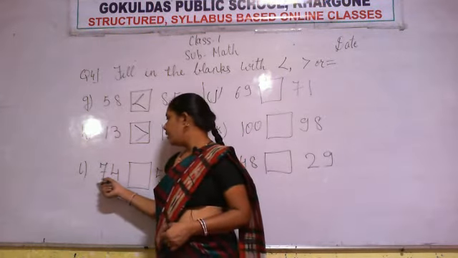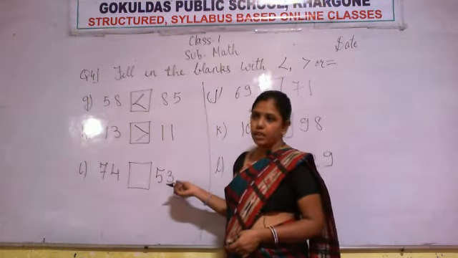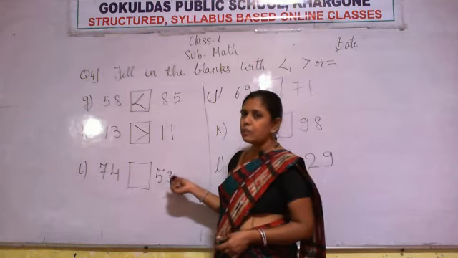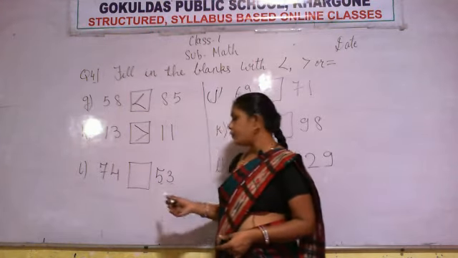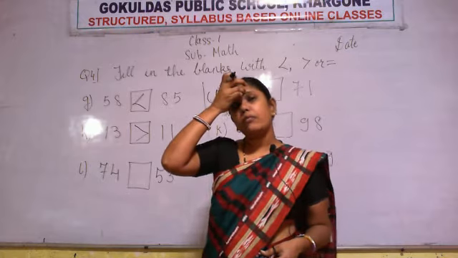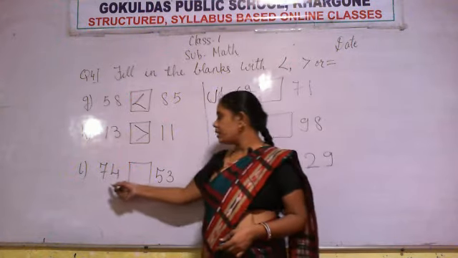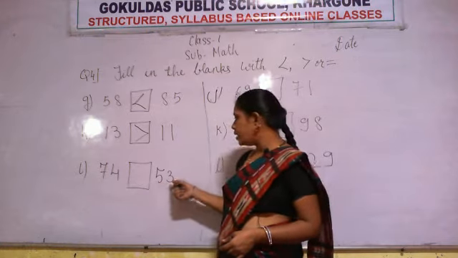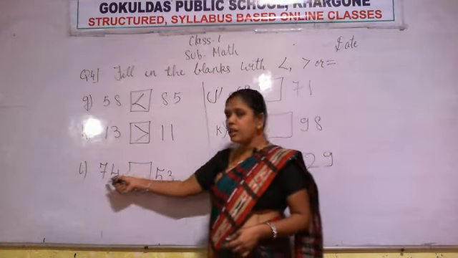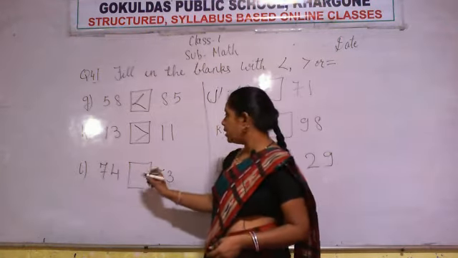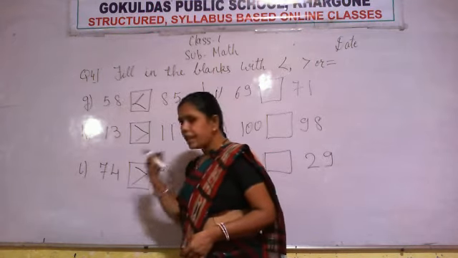The numbers are 74 and 53. Identify the bigger number and smaller number. The bigger number is 74 and the smaller number is 53. So this is the bigger number, so we place here the sign of greater than.